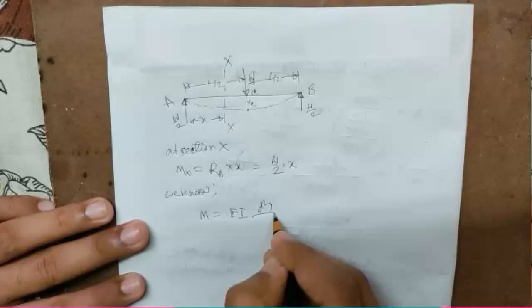So M equal to EI d2y dx2 will be equal to W by 2 into x.